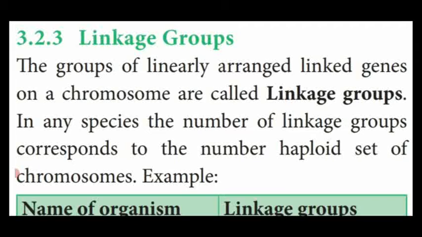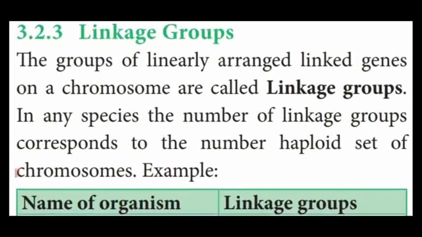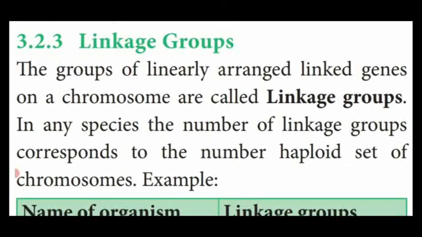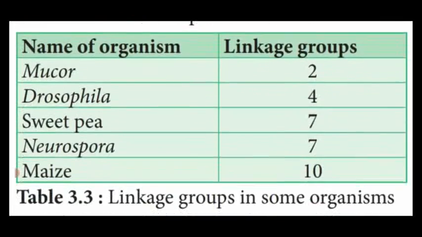The linkage group is identified based upon the number of haploid set of chromosomes. The diploid set of chromosomes is normally present. If we take only one set from it, that is the haploid set of chromosomes. Based on this number only, we are calculating the linkage group. Some organisms with their linkage groups we have also seen in the table column.